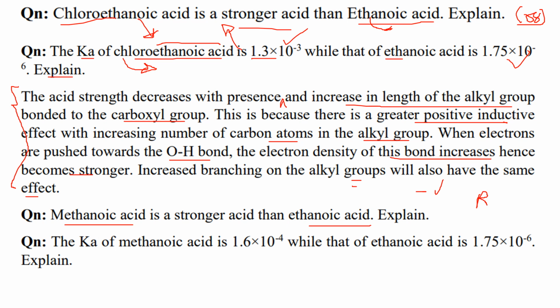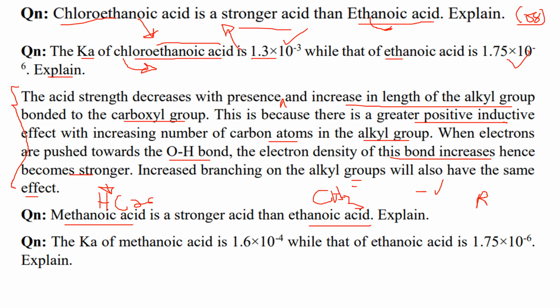So just to give you a highlight, in methanoic acid you don't have an alkyl group, you only have a hydrogen atom which is attached to the carboxyl group. But in ethanoic acid you have an alkyl group which is going to be methyl. And alkyl groups exert a positive inductive effect. But since methanoic acid doesn't have any alkyl group, that means it doesn't have any positive inductive effect.